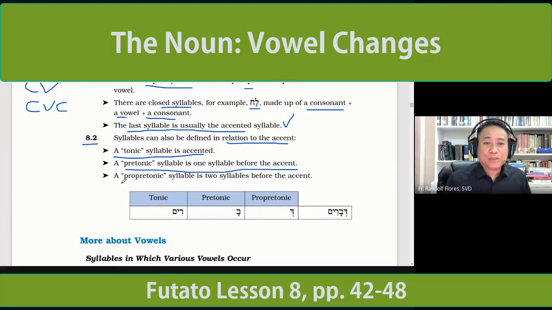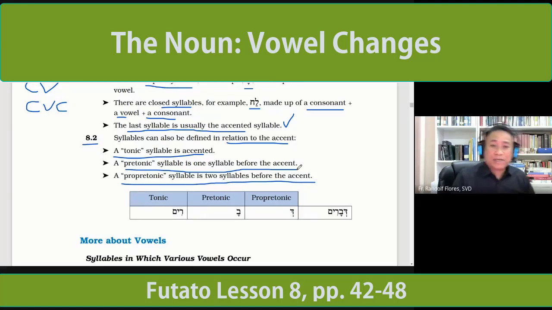A propretonic syllable is 2 syllables before the accent. Now, don't tell me this is another multiplication of names. No? This is common in the Hebrew noun or Hebrew word.